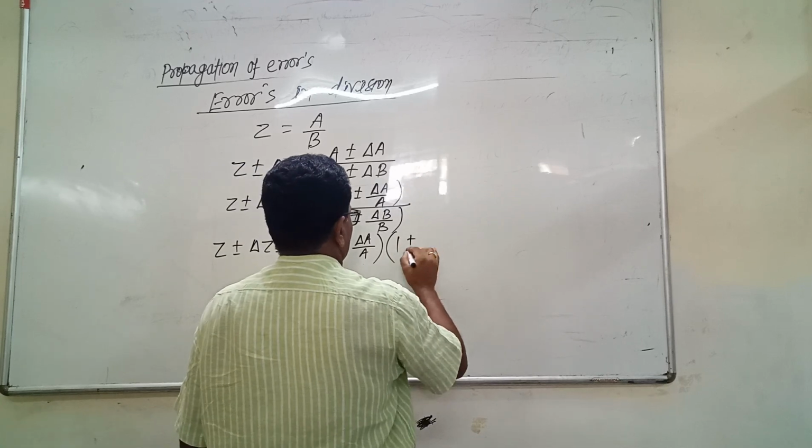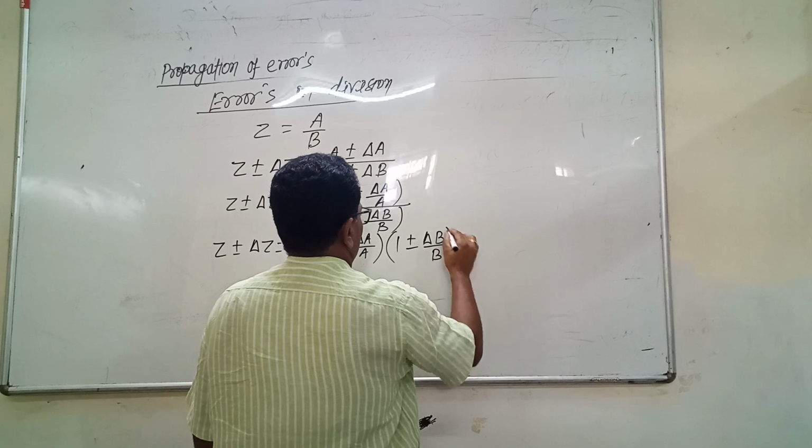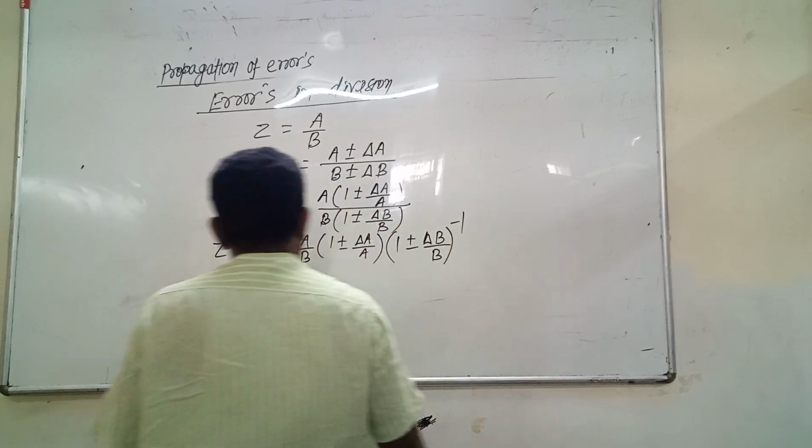Its power becomes negative. 1 plus minus delta B by B raised to the power minus 1.